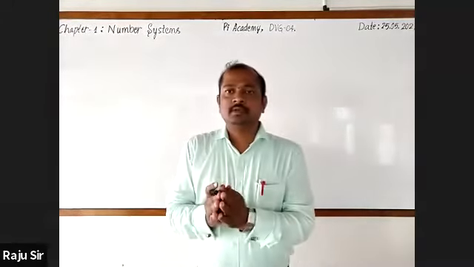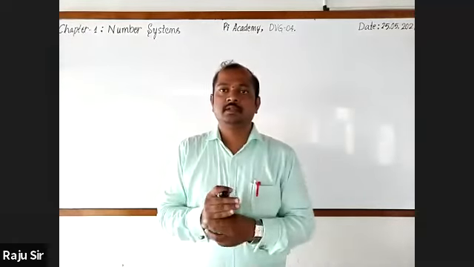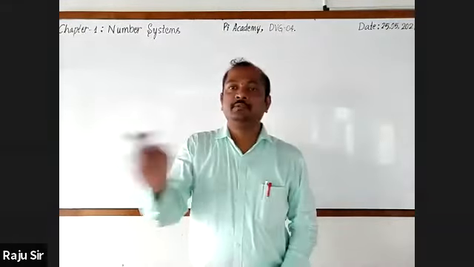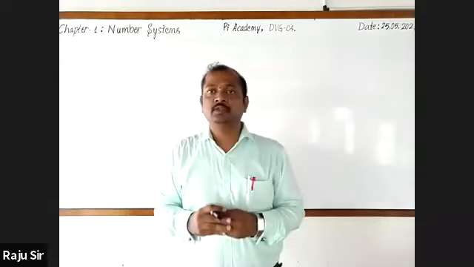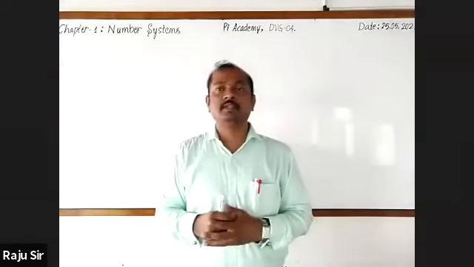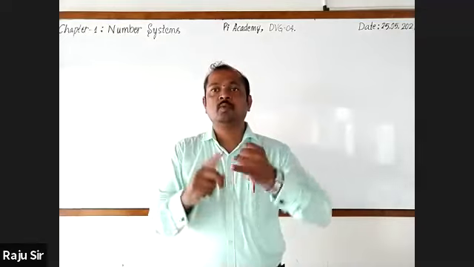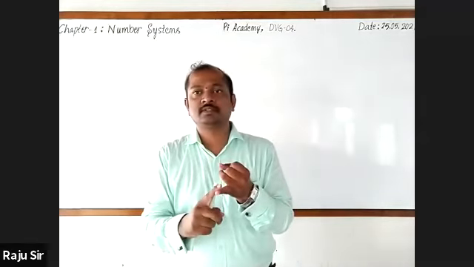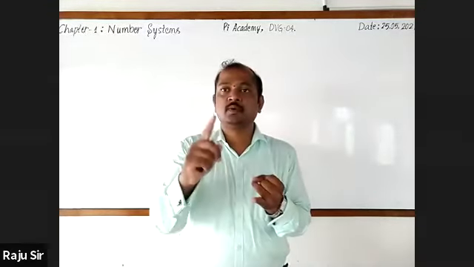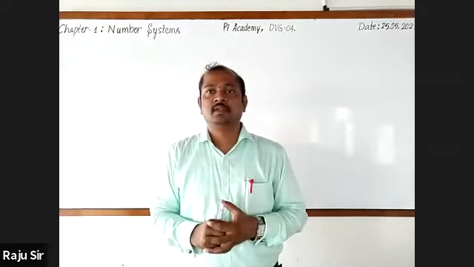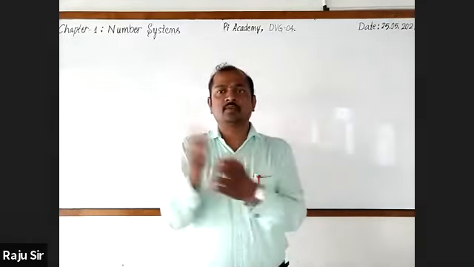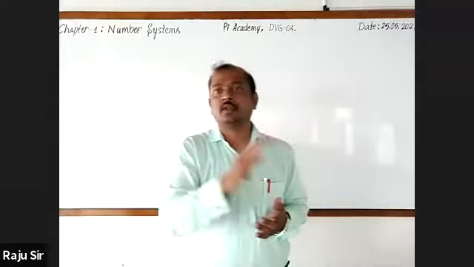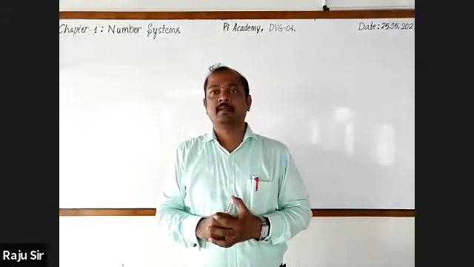In this chapter, the main concept is discussing different types of numbers. In those, the first two were discussed: one is natural numbers, second is whole numbers. All the counting numbers like 1, 2, 3, 4 and so on are natural numbers.